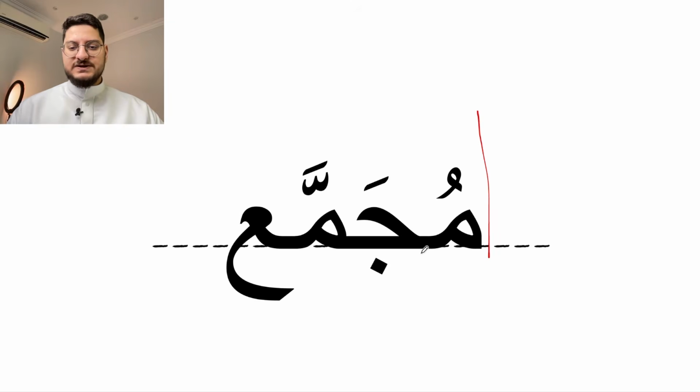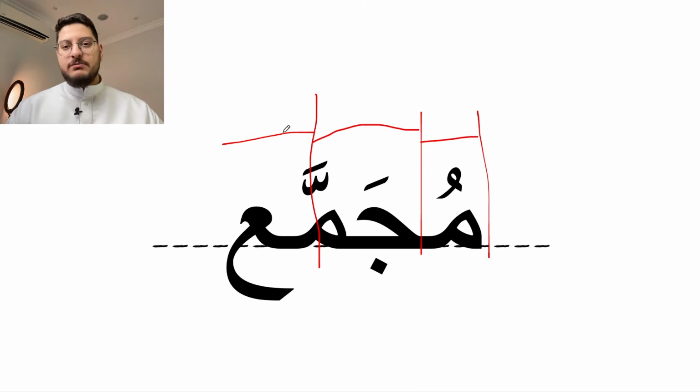The first one starts here, the second one starts there, and the third one starts right in the middle of the shadda. Remember? So we need to pronounce the ma twice because of this shadda. Yalla. The first syllable is mu, and then jam. Don't forget the im. Jam, and then ma, ma. At the end, mujamma, which is a compound.